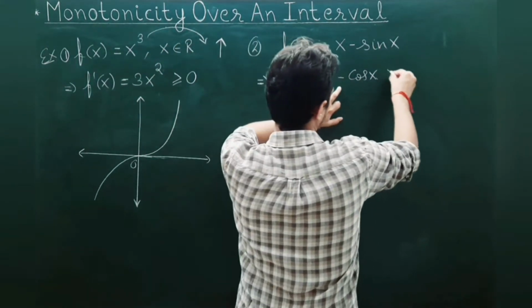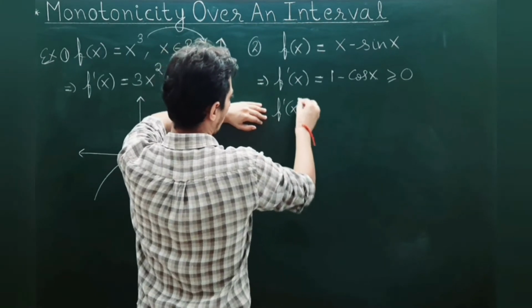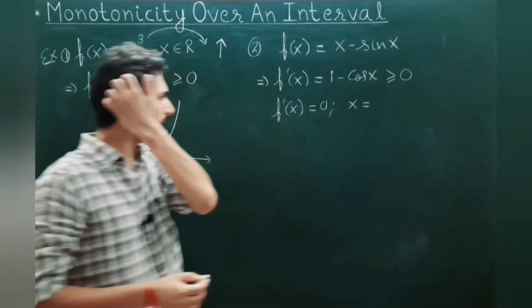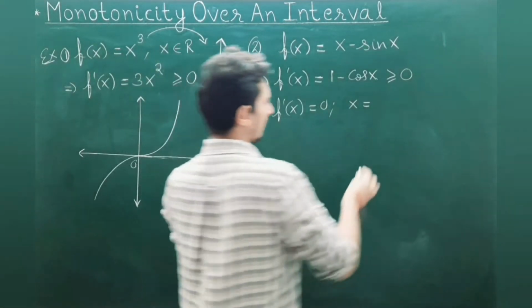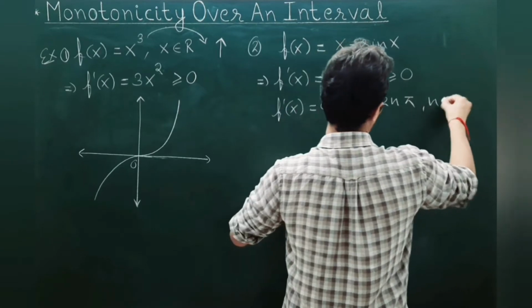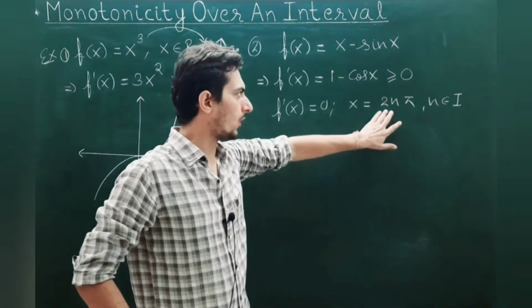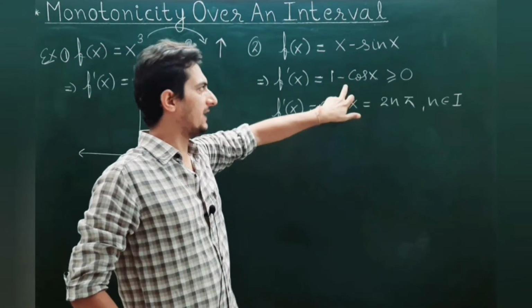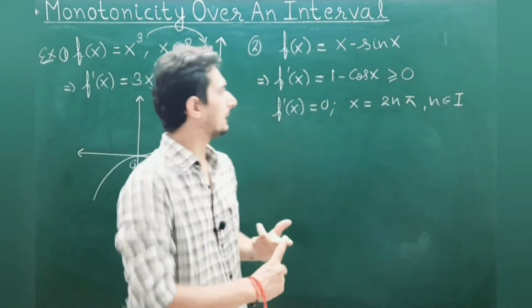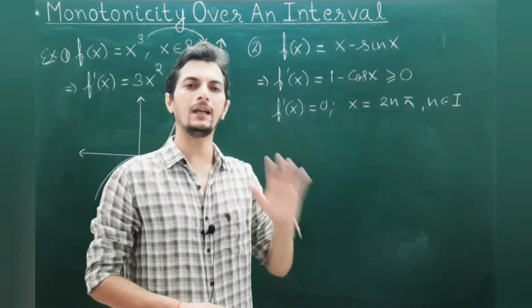So this is always greater than or equal to 0, but f'(x) is going to be equal to 0 where cos x is equal to 1, that is for x equal to 2n pi, n belongs to integers. Clear? So when cos x is 1, derivative is 0, but these values of x, which are 0, then 2 pi, then 4 pi, are all discrete values. They are not forming any continuous interval over here, right?